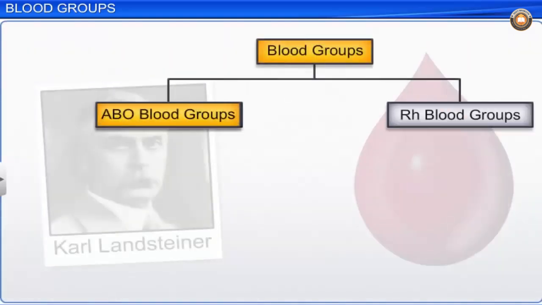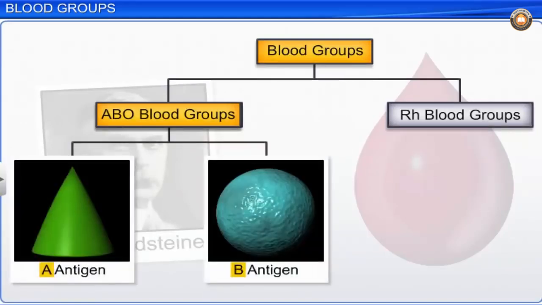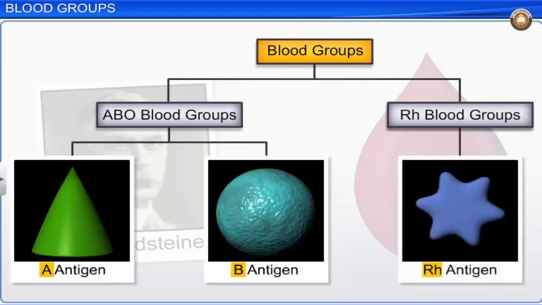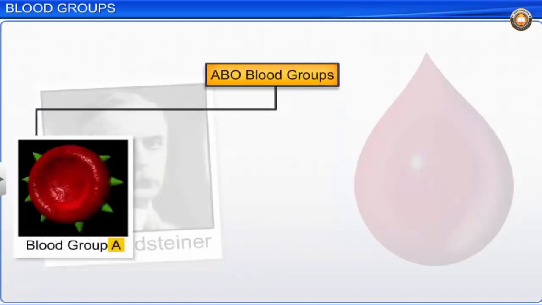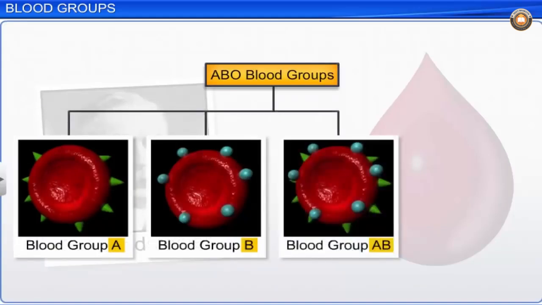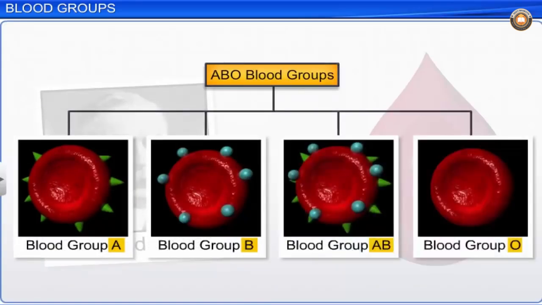The ABO blood groups are differentiated based on the presence or absence of antigens A and B on the RBCs, while the Rh blood groups are differentiated based on the presence or absence of the Rh antigen on the RBCs. The different ABO blood groups are referred to as blood group A, B, AB, and O.